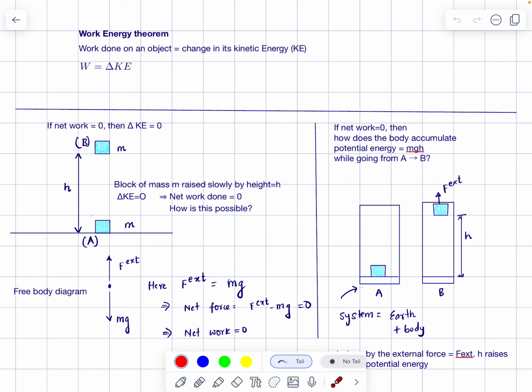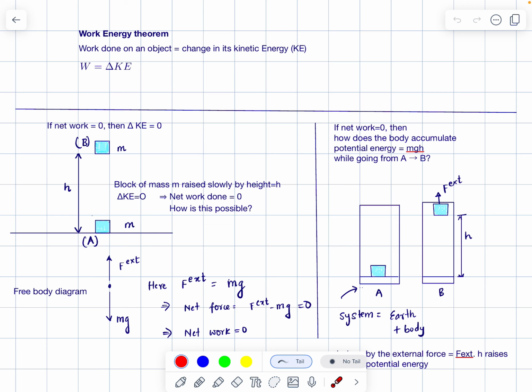Since it's being raised very, very slowly, the velocity of the mass is near zero most of the time. Also, the mass starts at rest and ends up at rest.